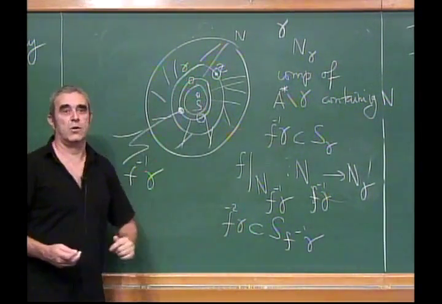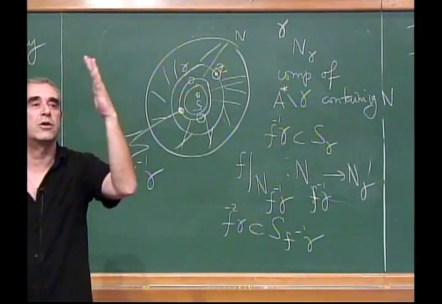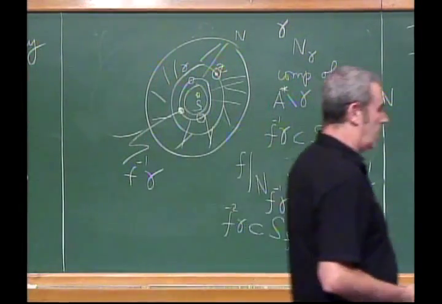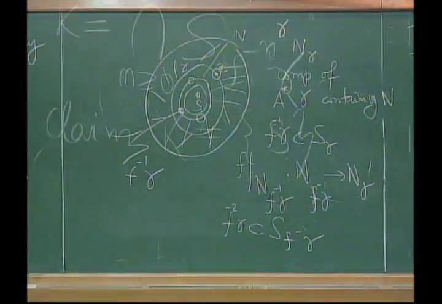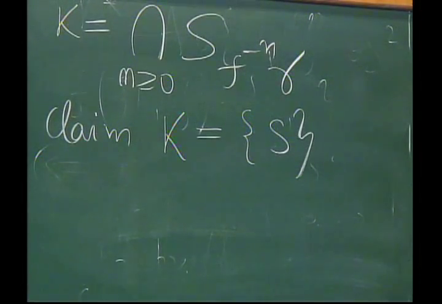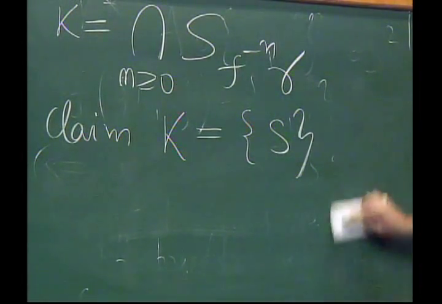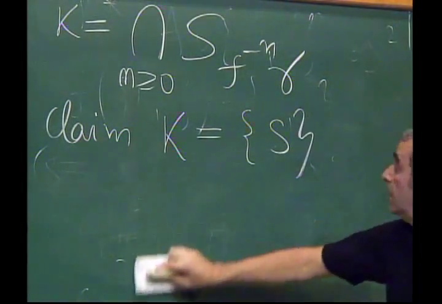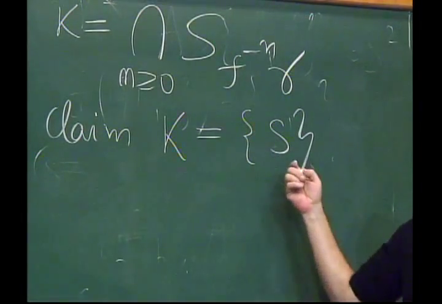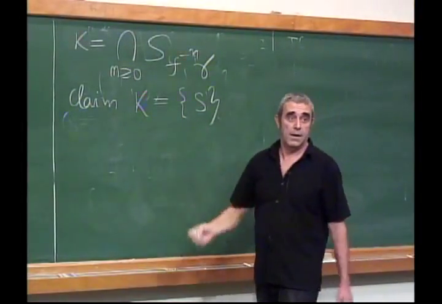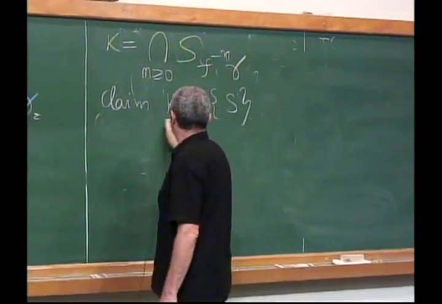So Z is non-wandering. It's wandering, excuse me. Once you know that K is south, you have the following property.